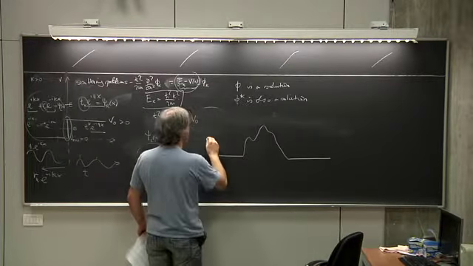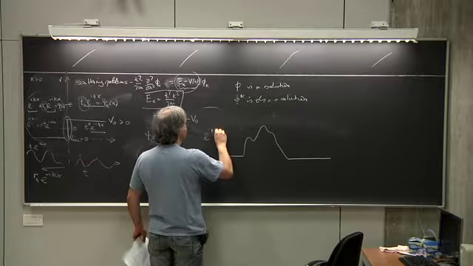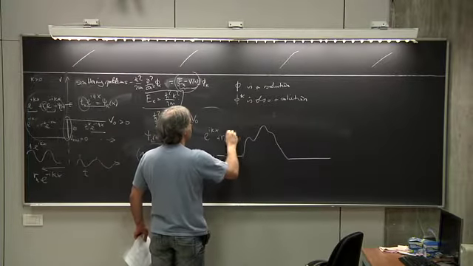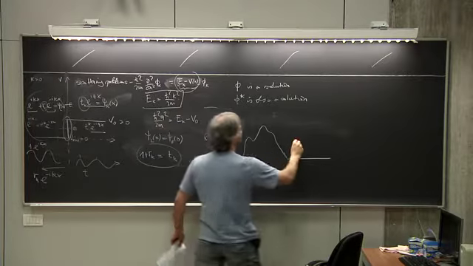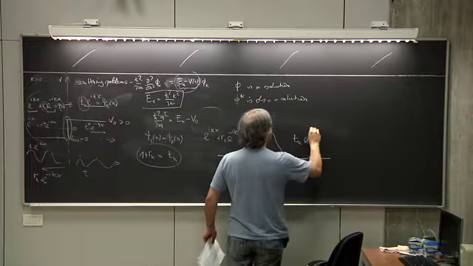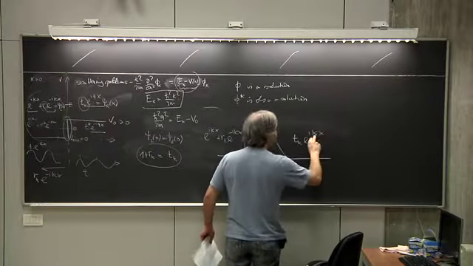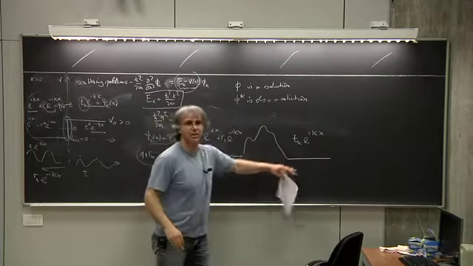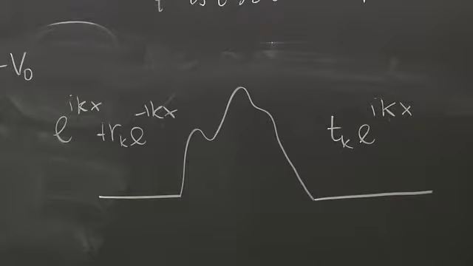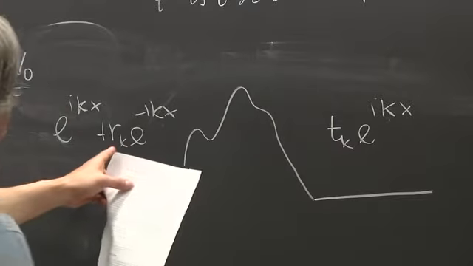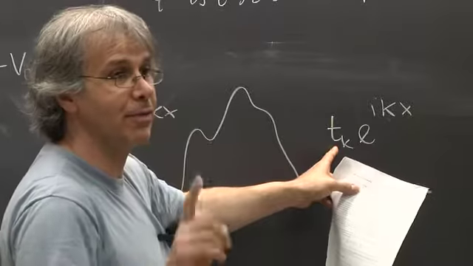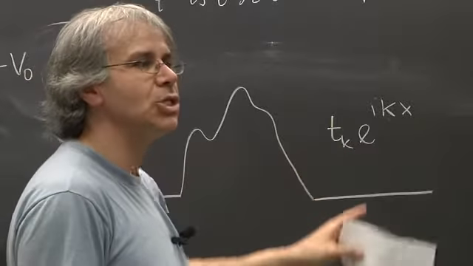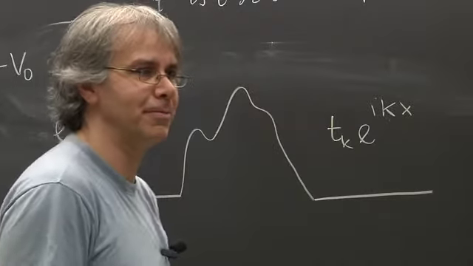Okay, you can do the same thing. So you write this as e to the ikx plus rk e to the minus ikx, and then you write here tk e to the ikx. You see the same k now, okay, because it's the same potential. Well, if you solve that problem, you will find that there is a relationship between this and this, exactly of the form you remember. And this is just a conservation of current.